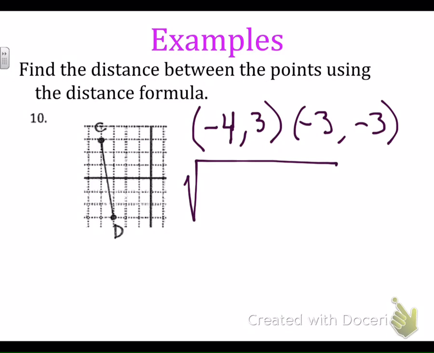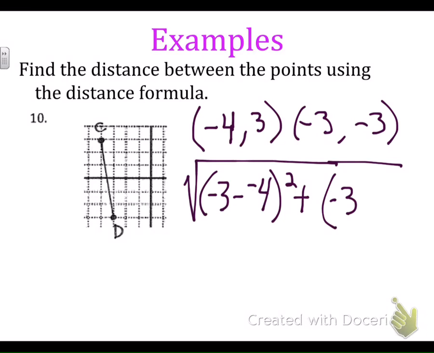Alright, we got to take our x minus the x. So negative 3 minus a negative 4 squared plus negative 3 minus 3 squared.